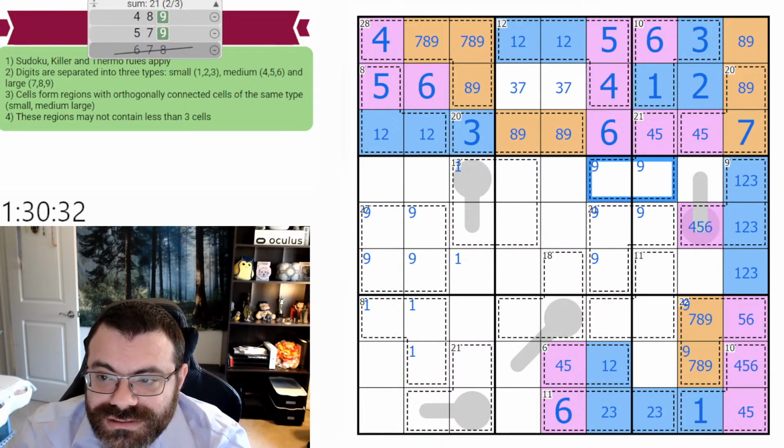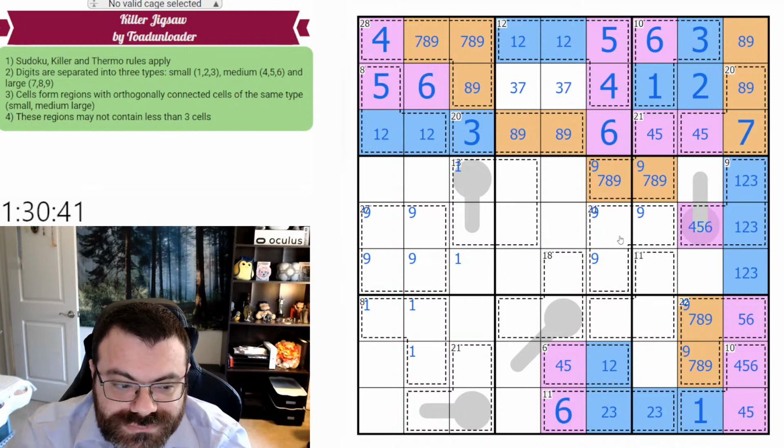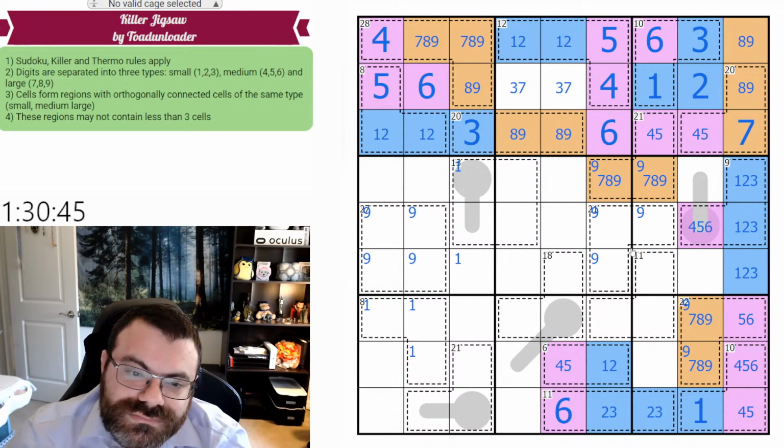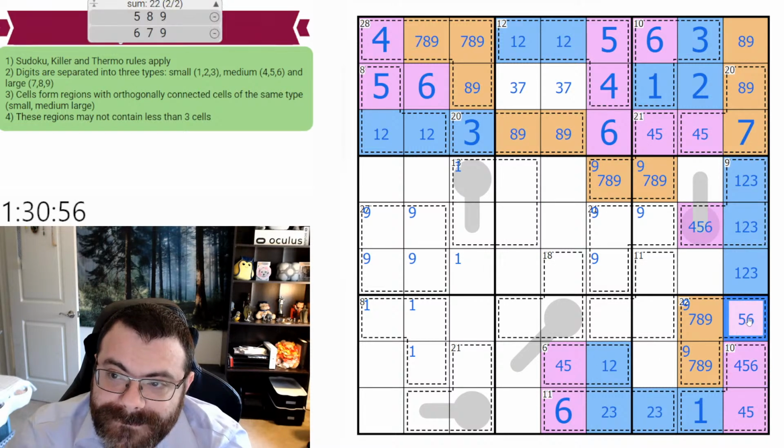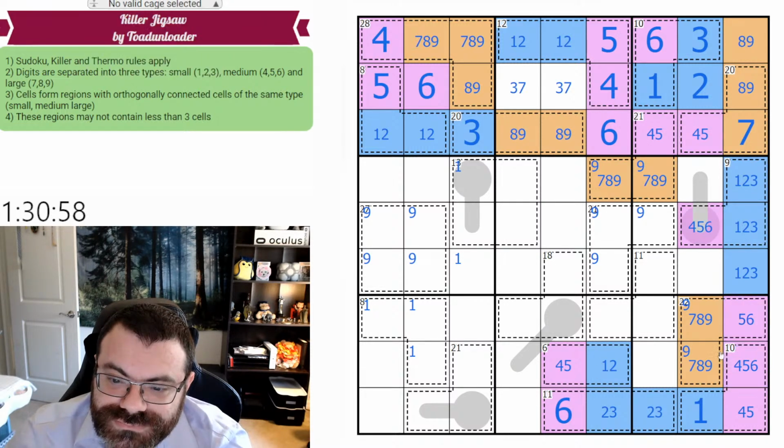These are going to be high, because we always have 2 highs and a mid in a 21 cage. So you can put 7, 8, 9 there. Six in column 9. I don't get it.